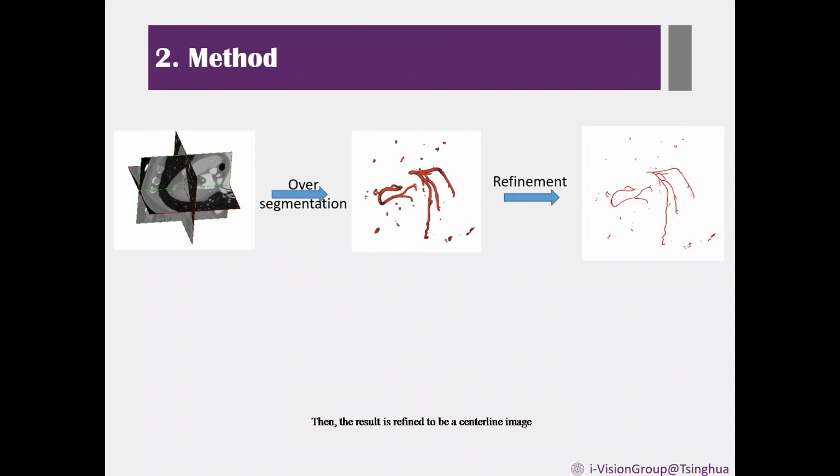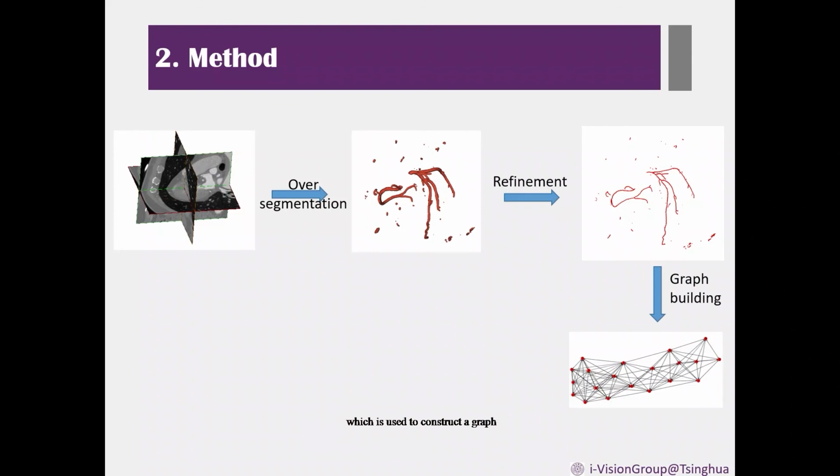Then the result is refined to be a centerline image with noise and fracture, which is used to construct a graph. Finally, we can get the precise result through a GCN network. In this step, the synthetic data is applied to improve the performance of the GCN model.